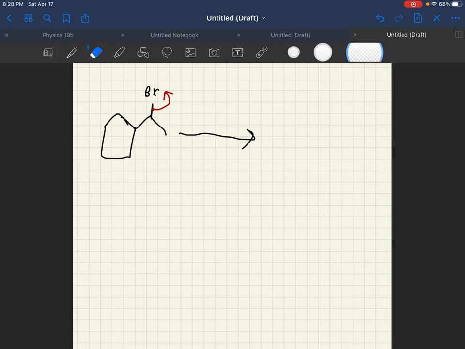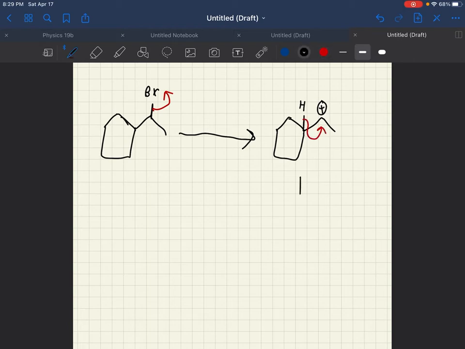Let's just say the bromine reattacks just to show the carbocation in the hydride shift. So it would leave us with something like this. And then what could happen here is a hydrogen shifts over. That then leaves us the tertiary carbocation, and then say it reattacks. This isn't a real reaction occurring, I'm just trying to show the mechanism that occurs with these shifts. And then you'd get the product.